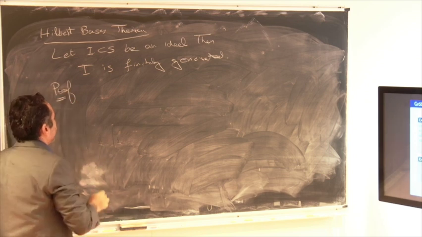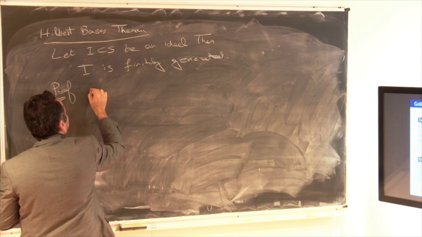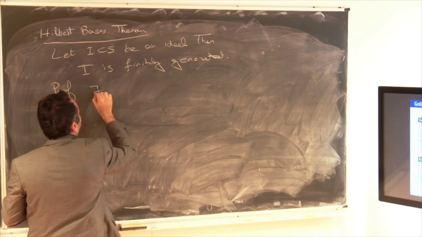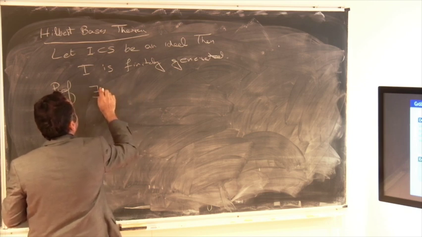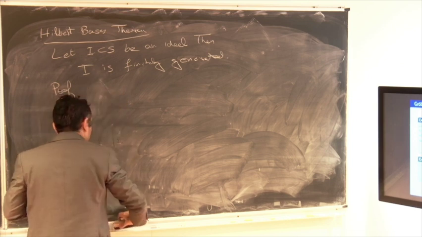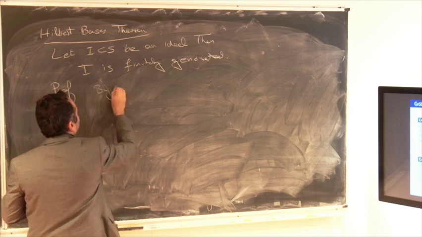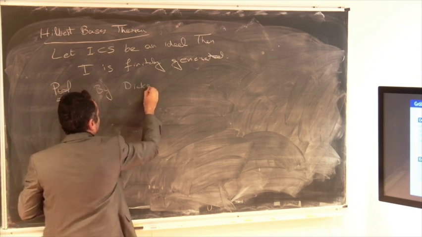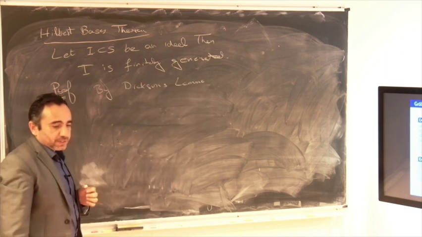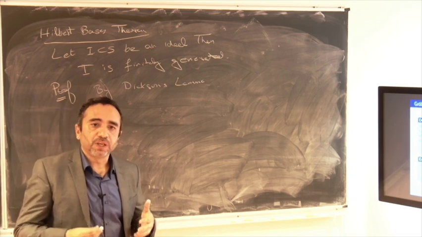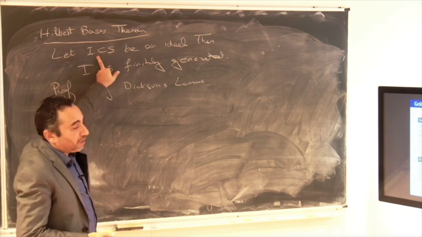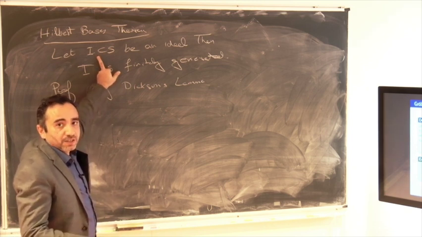We need to prove that I is finitely generated. Since I is an ideal, by Dixon's lemma, which says that every monomial ideal is finitely generated, this ideal will have an initial ideal, and that initial ideal is finitely generated.